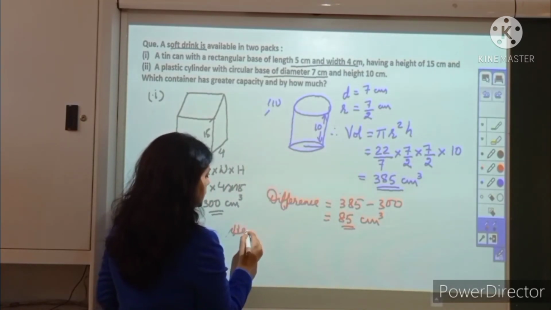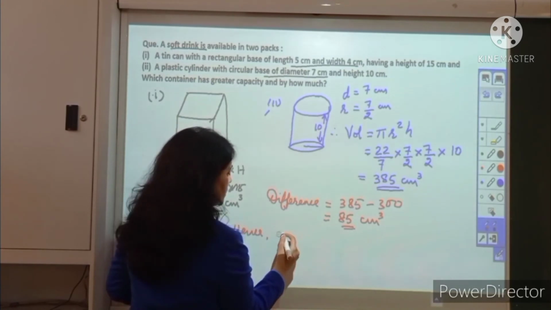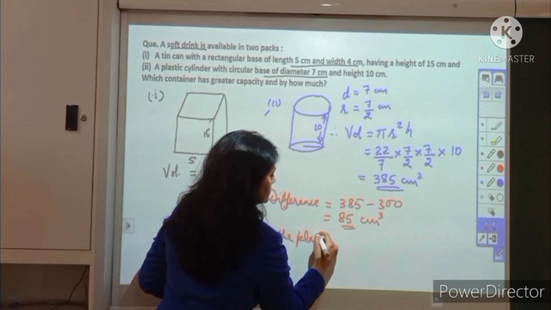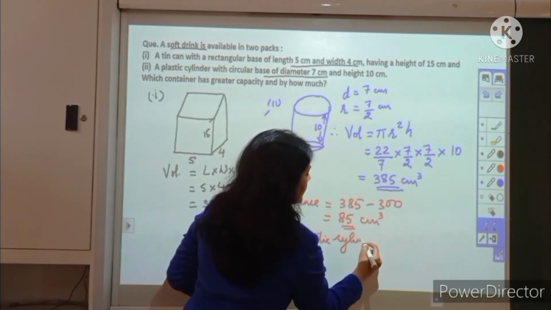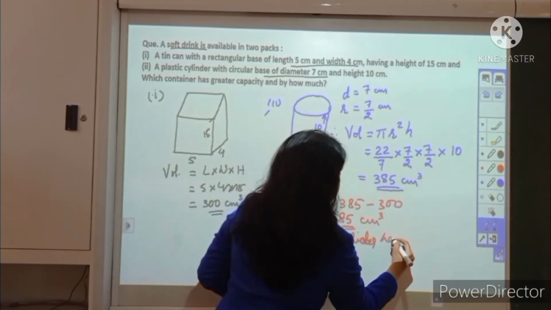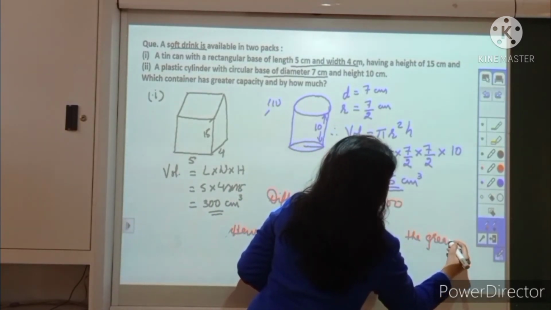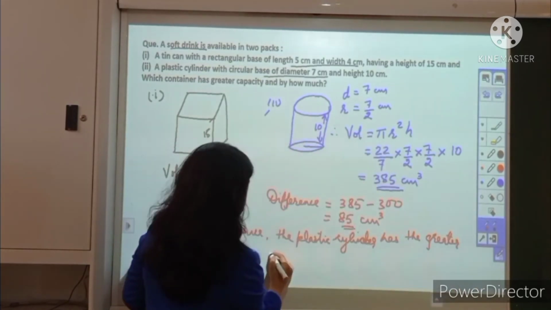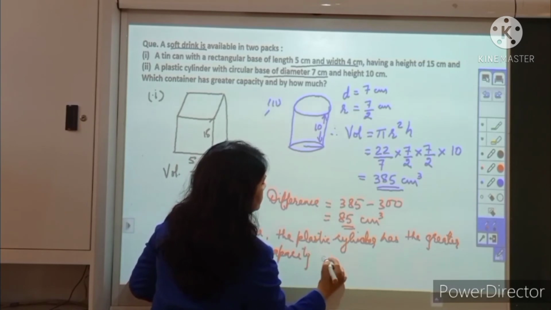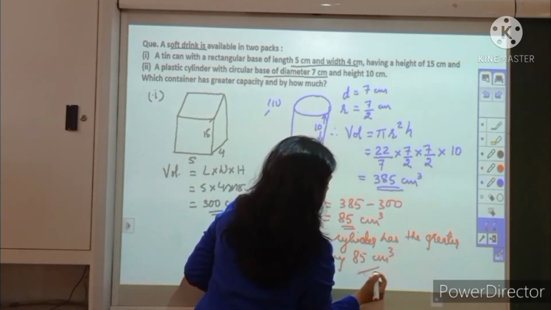Hence, we can conclude that the plastic cylinder has the greater capacity by 85 centimeter cubed.